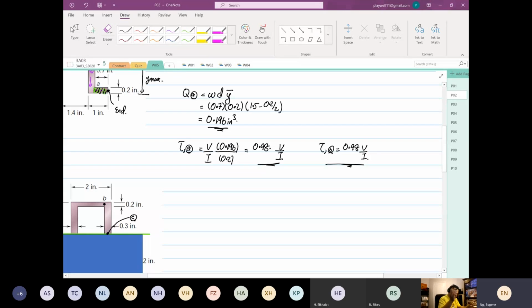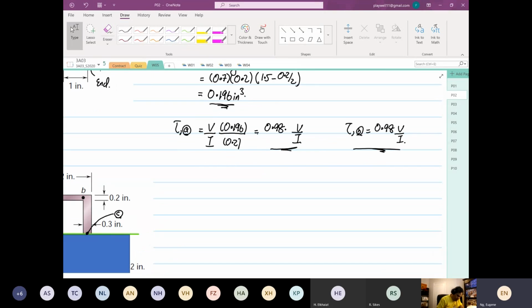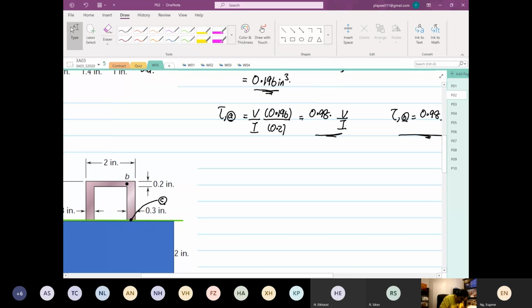I can't say whether it's the maximum. So I'm going to check point C. And why do we check at point C? Because at point C, Q is going to be what?